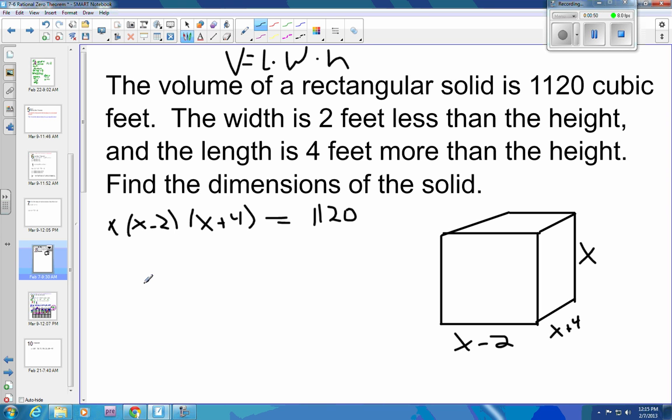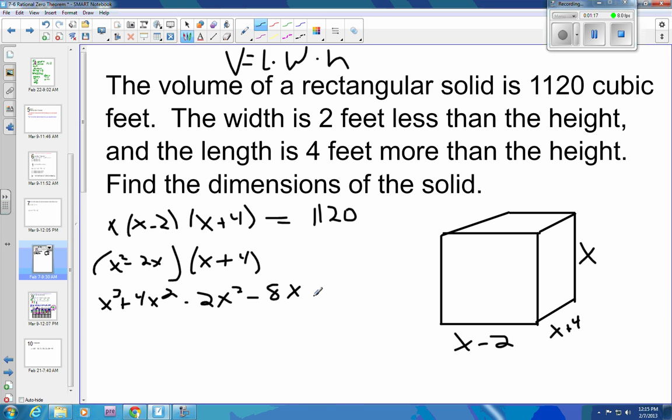Then you want to multiply that all together, so this is going to be x squared minus 2x, and then multiply that times x plus 4. So we FOIL: x squared times x is x cubed, x squared times 4 is plus 4x squared, and then minus 2x times x is minus 2x squared, and minus 2x times 4 is minus 8x, equals the 1120.